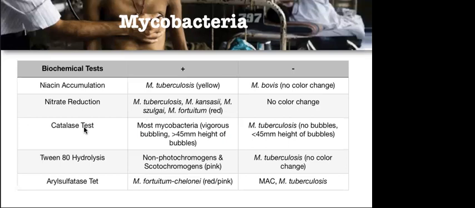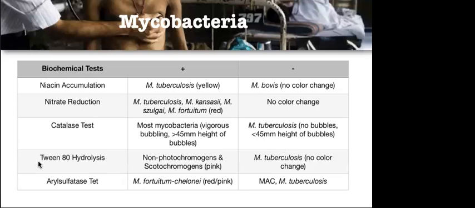And then for the catalase test, most mycobacteria are able to produce a tower of bubbles greater than 45 millimeters in height, except for Mycobacterium tuberculosis, no bubbles. Sometimes less than 45 lang ang height of bubbles.